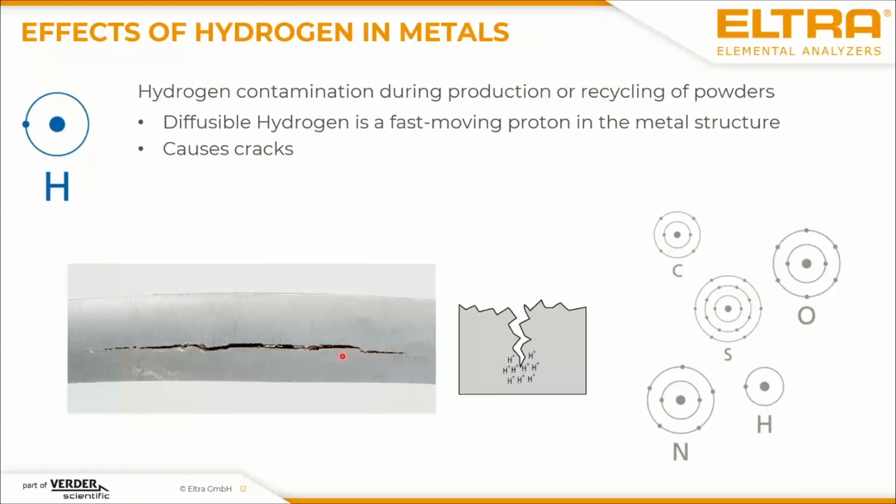So this is what you don't want to see in your car or in any carrying part of a plane. And for that reason, hydrogen is important to control, and this is a process which is done very, very frequently for steel and steel production, and also, of course, for titanium.